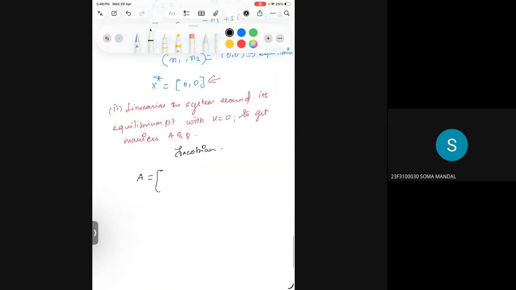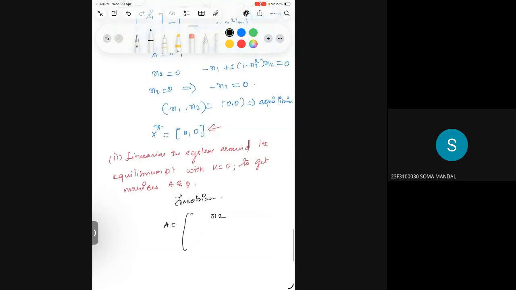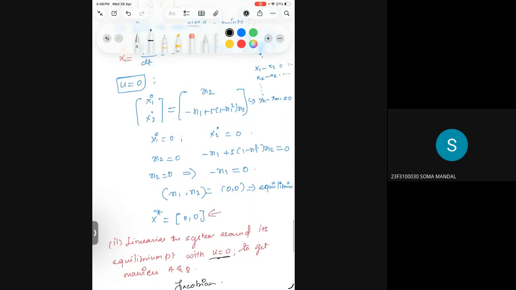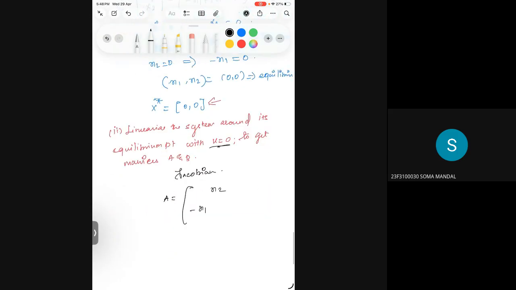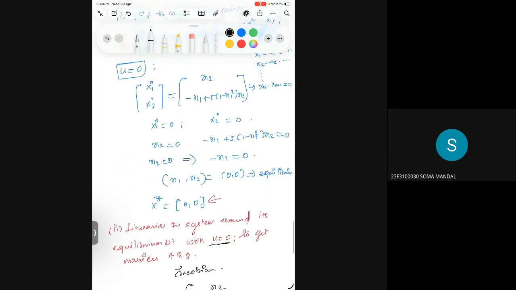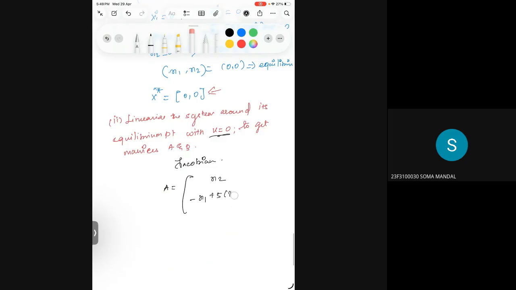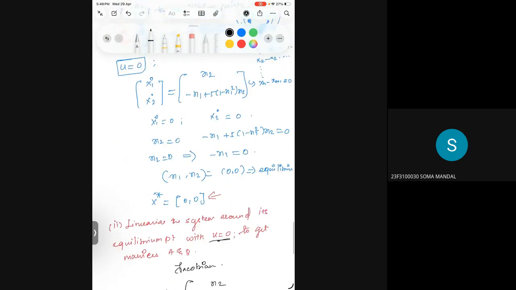X2, then it is 0, 1. Let me do it in two steps. A is x2, and they have already told us to put u equal to 1 minus x1. So I'm putting u equal to 1, plus 5 into 1 minus x1 square into x2.